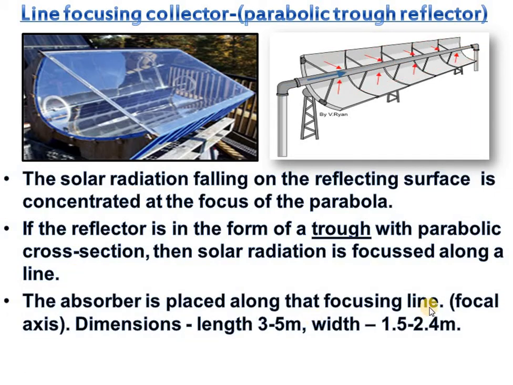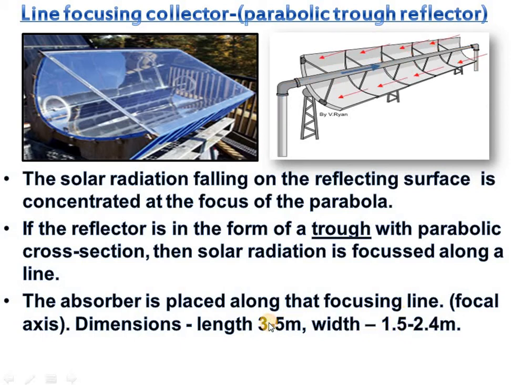And the usual normal dimension of a trough type reflector is shown here. It may be of length which may vary from 3 to 5 meters and can have width ranging from 1.5 to 4 meters, like that. It may vary according to the requirement. There is no hard and fast rule that this should always be like this. Anyway, a typical system will be of this much length and this much width.